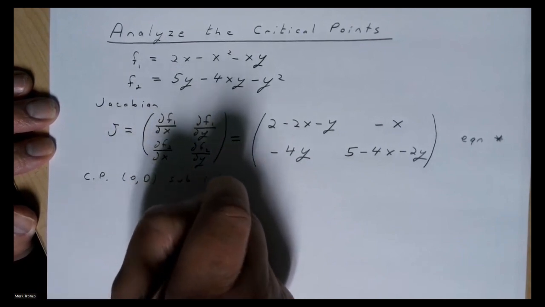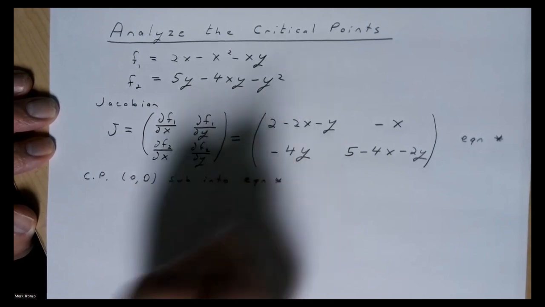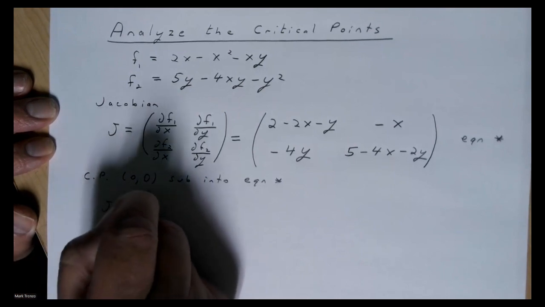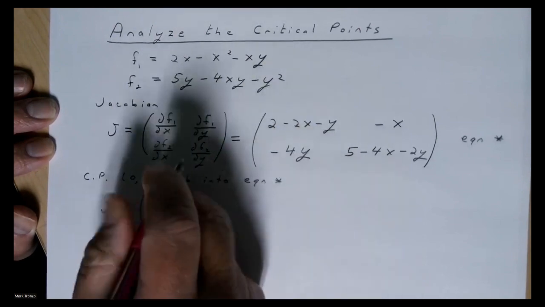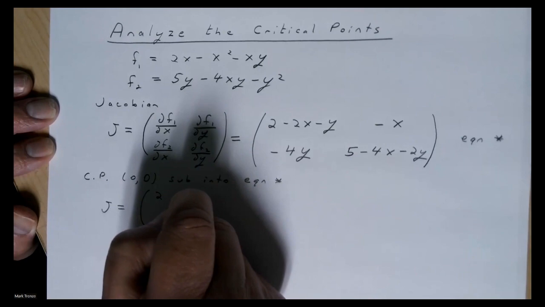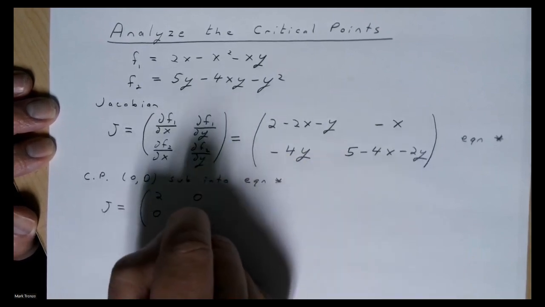Sub into equation star. That's going to be 2, 0, 0, 5.